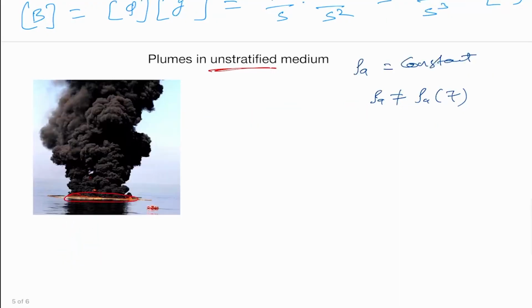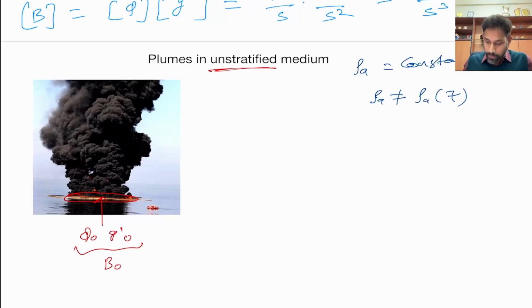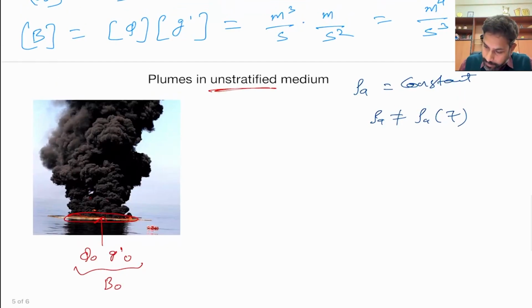So we are assuming that there is Q naught and g prime naught, effectively there is B naught. When the plume is rising, this hot gas is mixing a lot of ambient fluid into itself.